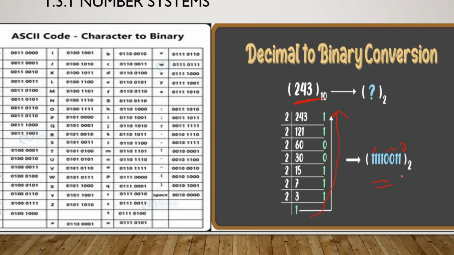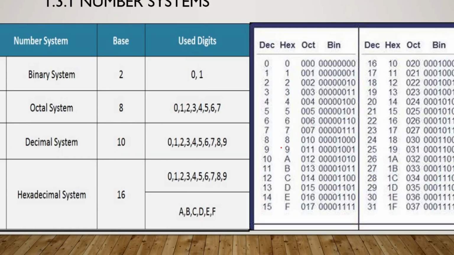So 1 times 2 to the power of 7, plus then the zeros, then finally you can get, for example, this is 1 times 2 to the power of 0, which is 1 times 1 is 1. So you can add up these things, then you get 243, simply. So this is the summary of the number system. Then this is a base. Then this is a unit digit.